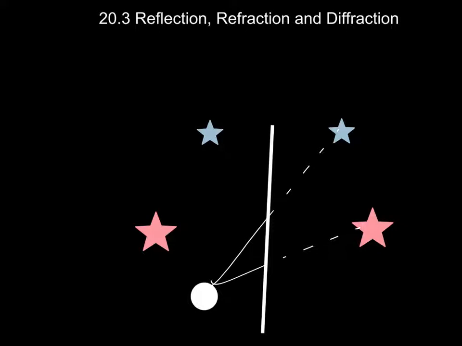If we remember from last time, what light actually does is it's going to bounce back at the same angle that it hits the wall. So if we do that, we see something like this for the red star and something like this for the blue star.